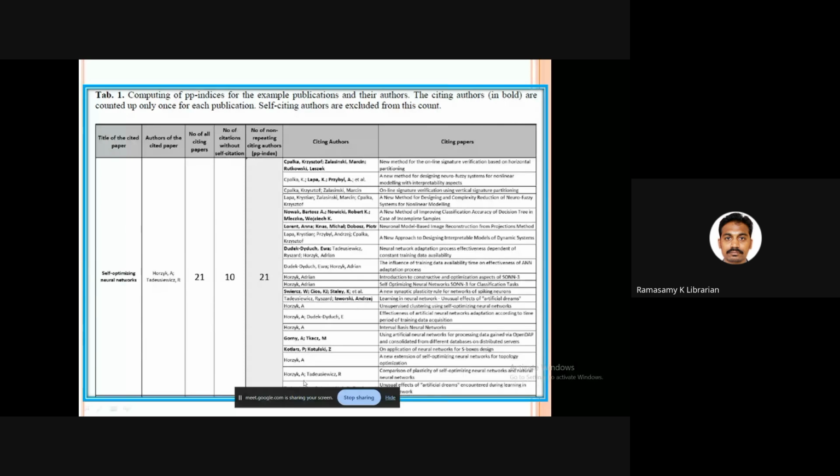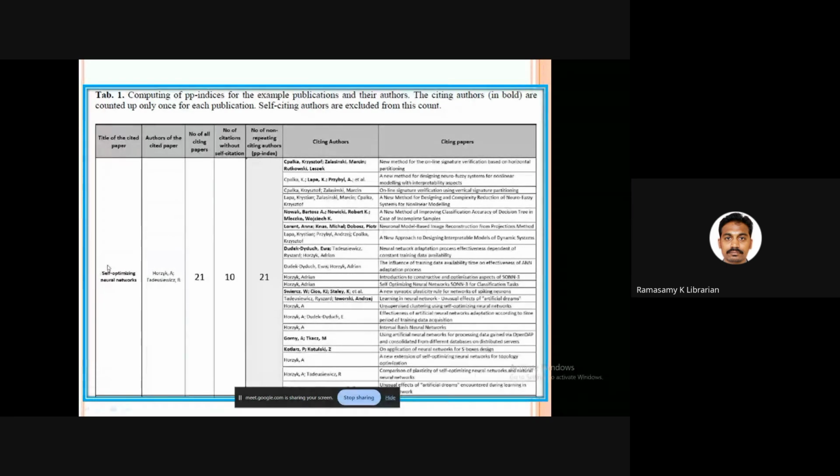I am going to count the number of unique authors, leaving the repeat counts. If same author is coming again, okay, for example, this author is repeated here, I am not taking. Bold means that author appears only once. When I counted, it comes to 21 authors. That means 21 non-repeating authors have cited this particular research paper.